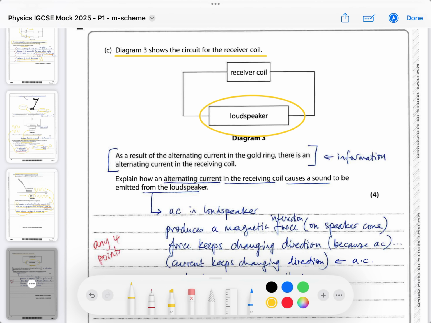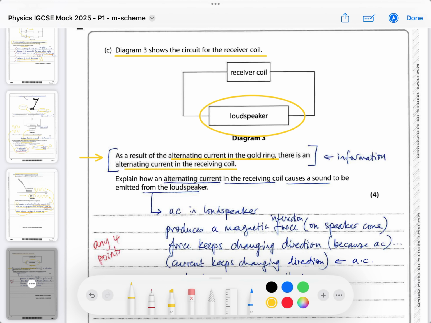You have to think about how it will work. It says, as a result of the alternating current in the gold ring. The gold ring has its own alternating current induced in it from the voltage. There is an alternating current also in the receiving coil.